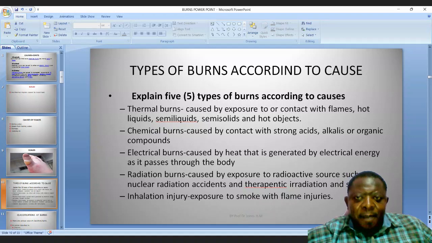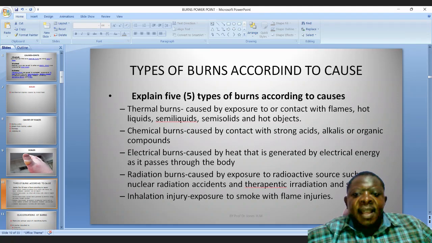The next type according to cause is chemical burns, from strong acids, alkalis, or organic compounds. Then there are electrical burns, where electrical energy is passed through our body and may cause burns.